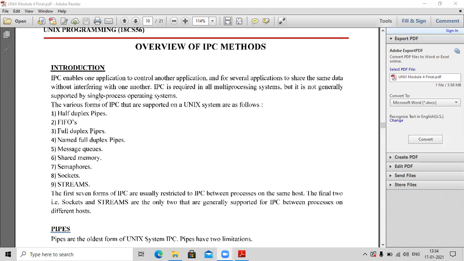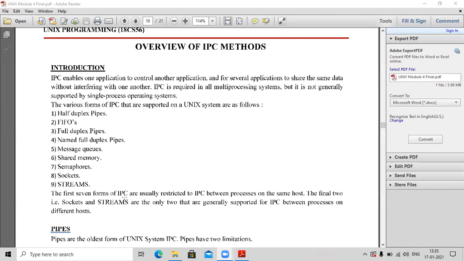With respect to all of these, we are going to see what they are and how they support IPC in your Unix operating system. The first 7, that means up to semaphore, the IPC will happen on the same host. That means the IP address with respect to the host remains the same. The final 2 are used when we are using IPC for processes present on different hosts.